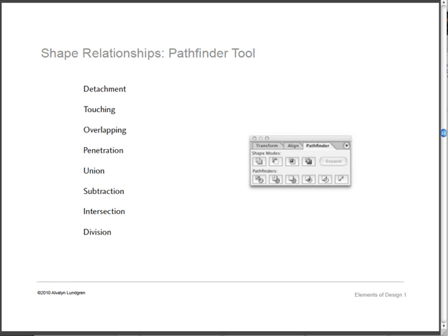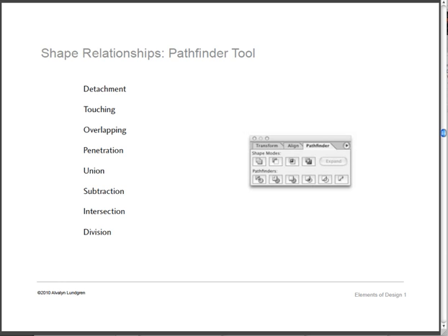When you start working with Adobe Illustrator, if you're not already familiar with it, and you start working with the Pathfinder palette, which I use a lot, it's actually quite helpful for what I do, especially designing logos, doing a lot of drawings, character design, things like that. The Pathfinder and the Align palette are things that I pretty much have open all the time when I'm working in Illustrator.